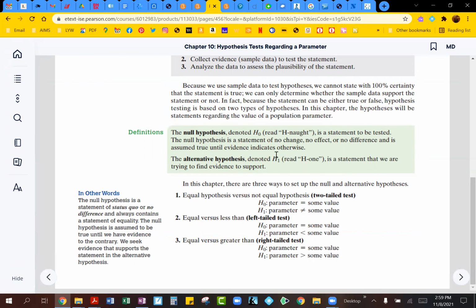It will depend on what kind of test you are doing. Depending on what you are using as your characteristic, your parameter can be equal to a value or not equal to a value. When it's equal and not equal, that's what we call a two-tailed test.